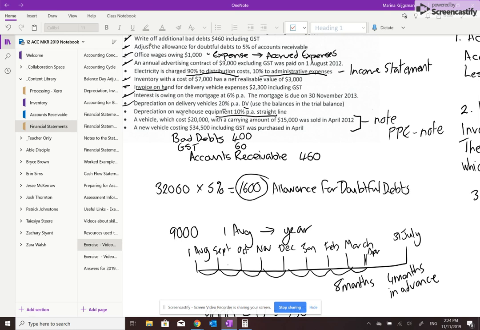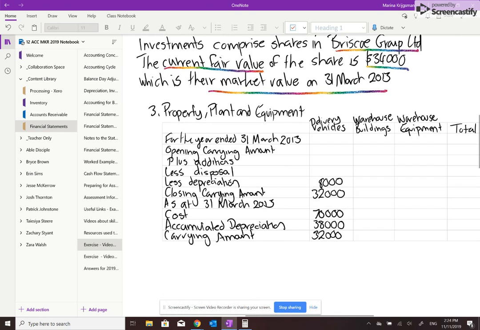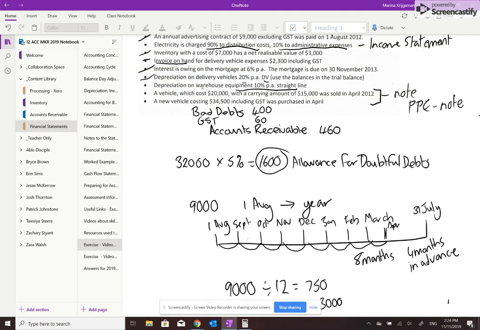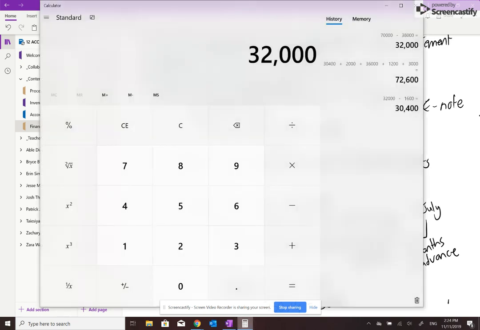For our disposal, it represents the current carrying amount of any asset that's been sold. So we need to find out the current carrying amount. For this one, it's 15,000. So that's going to go in our disposal. And our additions is going to be 34,500, including GST. But remember, it tells us that we've got to take the GST out. So we're going to do 34,500 divided by 1.15.